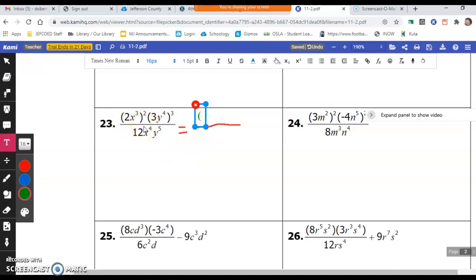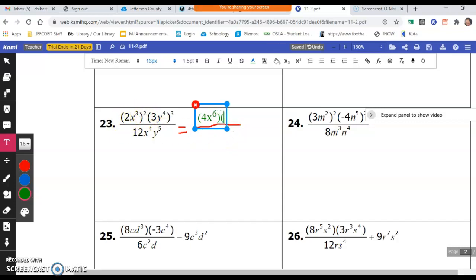You got 2x to the third raised to the power of 2. That's going to be what? It's going to be 2 squared, which is 4. And then we're going to have x raised to the power of 6. Don't forget, you still got to raise that coefficient by that power.